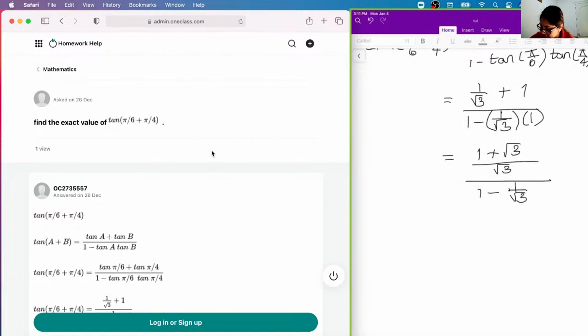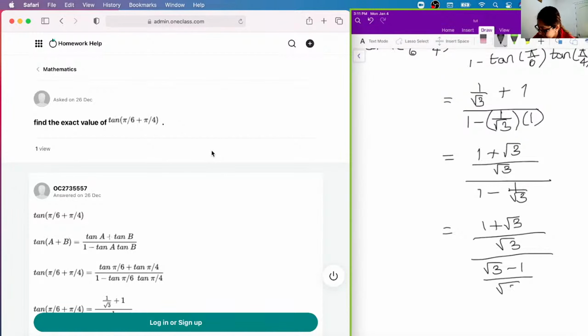If I take a common denominator right here, you get 1 plus root 3 over root 3, all divided by root 3 minus 1 over root 3. I just took the common denominator, which is root 3, and then got this fraction in the denominator.